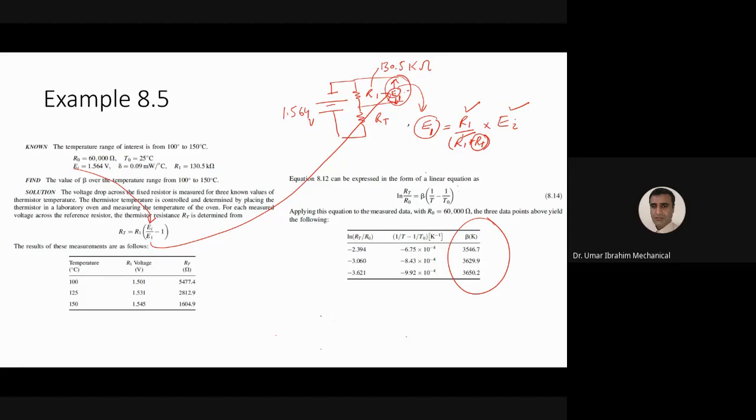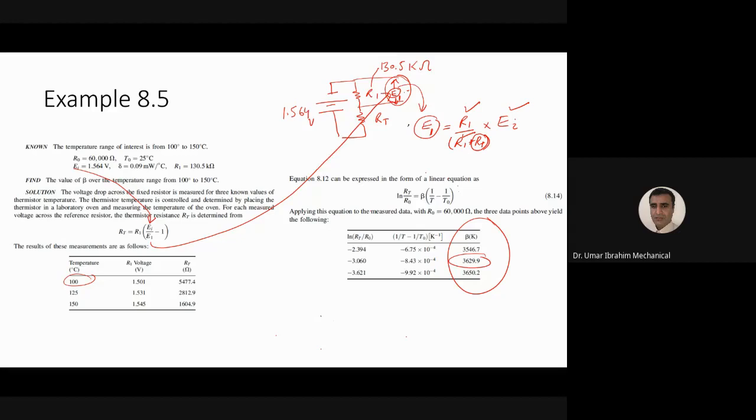So assuming that the manufacturer gives you this value, and you use this value for a 100° C measurement, then in your calculation you will be using a beta value of 3629.9, while in reality the thermistor beta value at 100° C is 3546.7 Kelvin.